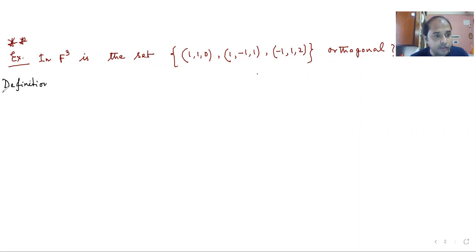So first of all, I'm going to write the definition. Let capital V be an inner product space.